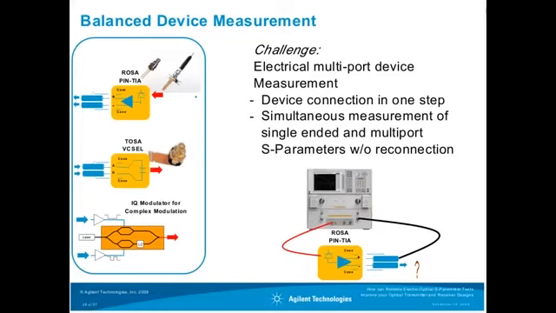But these balanced devices, in the usual use case, need to be operated with two electrical ports. Therefore, the challenge is: how can you make these S-parameter measurements in a way that you can simultaneously connect both electrical ports and also analyze these components with respect to the behavior in relation to the two electrical outputs or two electrical inputs?